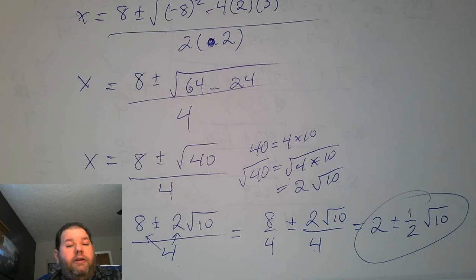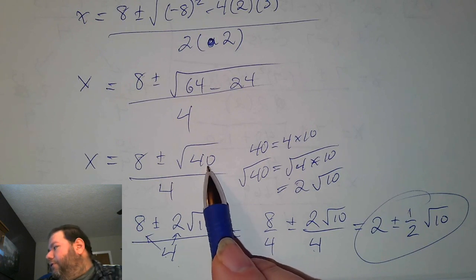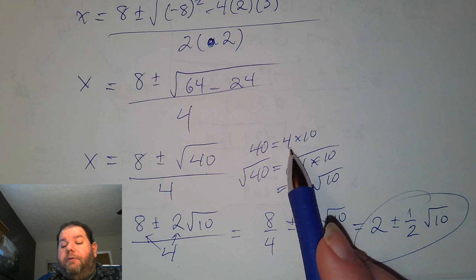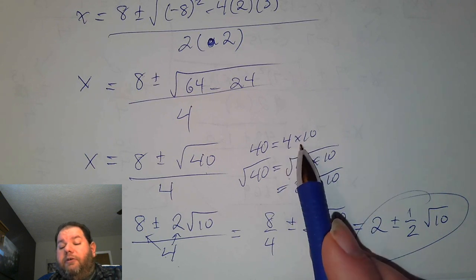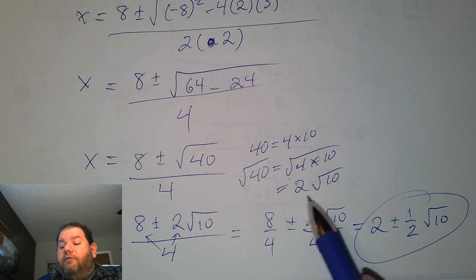Now, because we didn't get rid of the square root, we couldn't really break it down any further using that plus minus sign, unlike the last example. So it really makes a difference what happens with this radical term. Since we can't get a perfect square, we can split it up into a perfect square times another number, 4 times 10, which gave us 2 root 10.